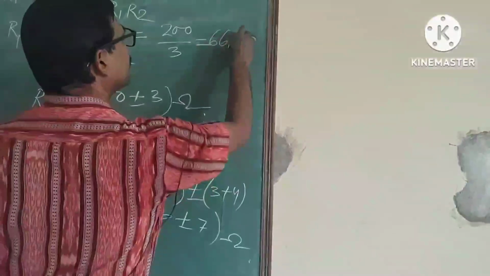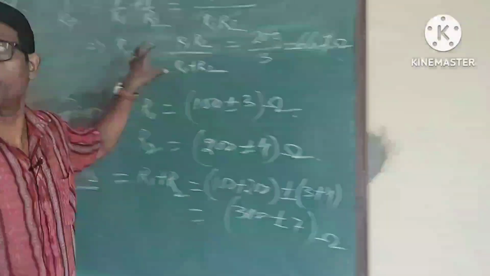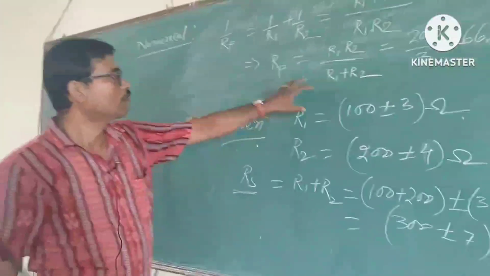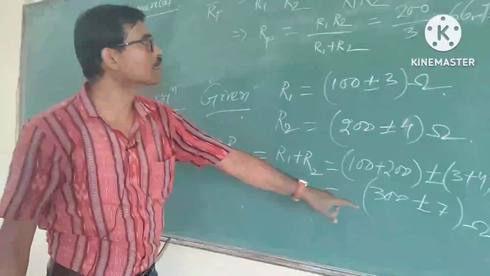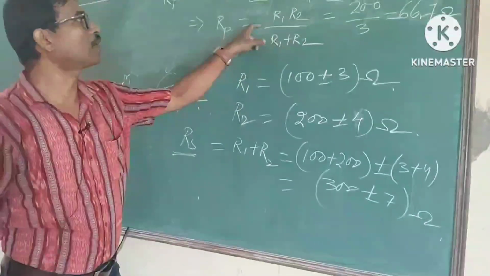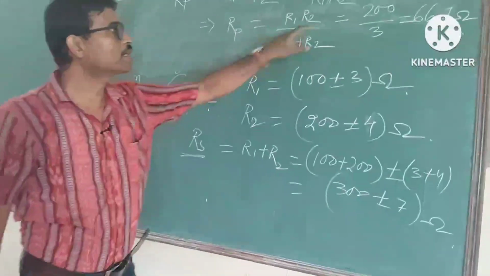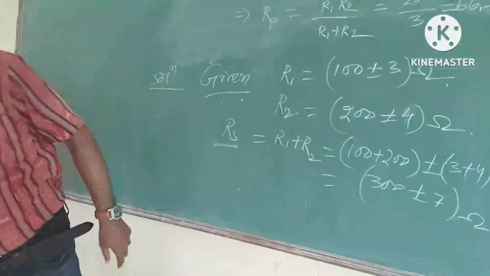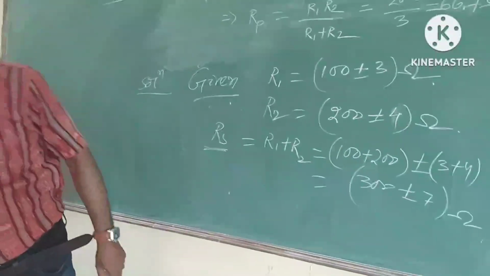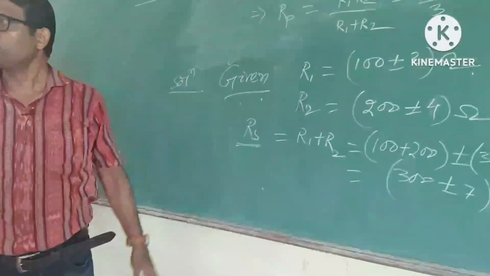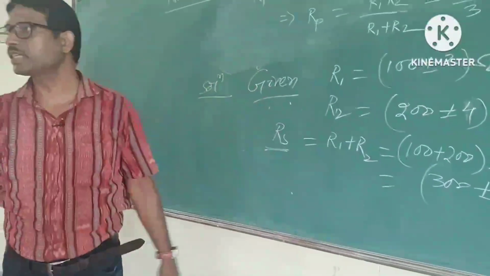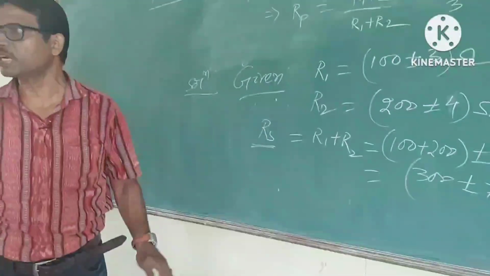I am not simplifying, you will simplify it. R1 is given, R2 is given, you will put the values and simplify, so you will get this one in the parallel combination.